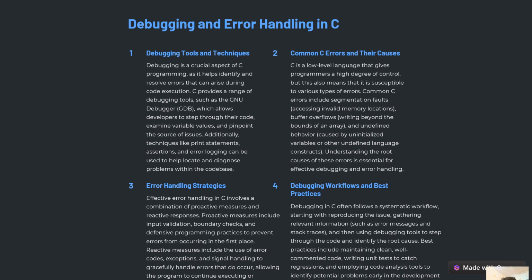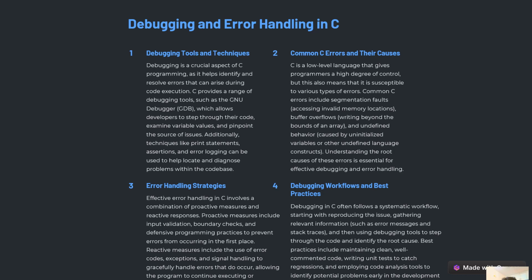Understanding the root causes of these errors is essential for effective debugging and error handling. Error handling strategies. Effective error handling in C involves a combination of proactive measures and reactive responses. Proactive measures include input validation, boundary checks, and defensive programming practices to prevent errors from occurring in the first place.